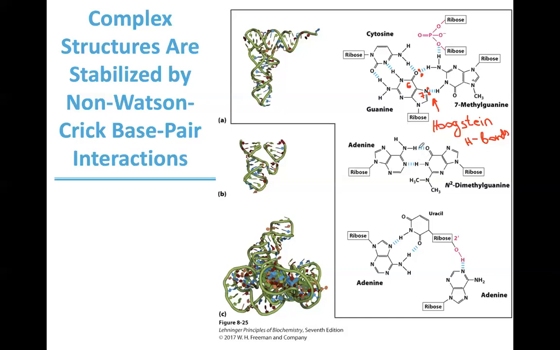Now, there are other kinds of hydrogen bonds. For example, here, adenine can bond to guanine. Here in guanine, you can see that you put the dimethyl substituents here. This doesn't have hydrogen bond donor capability anymore, like in guanine.